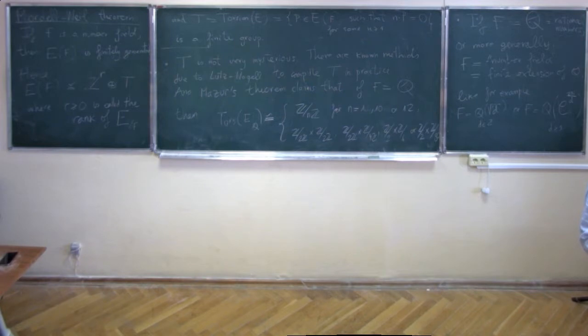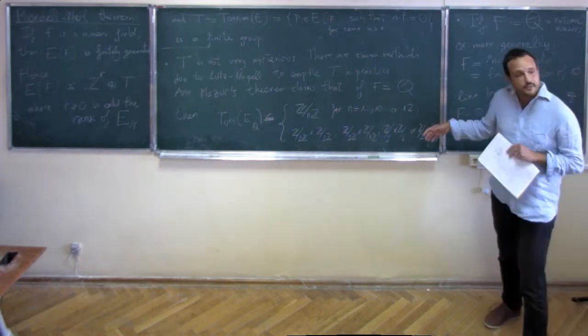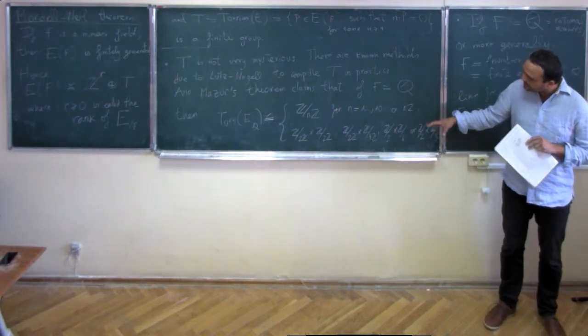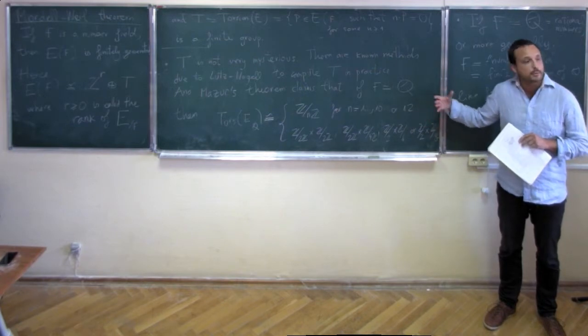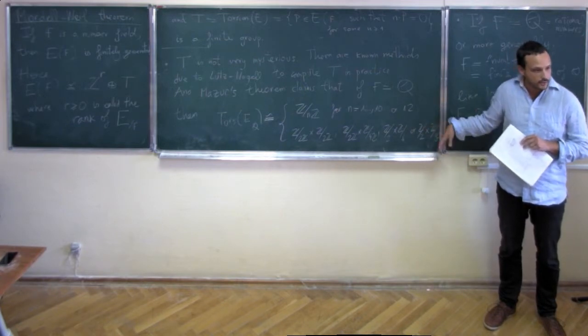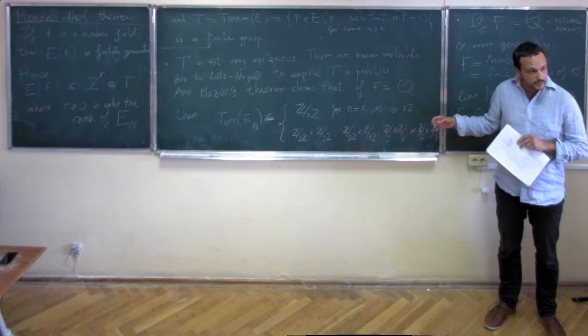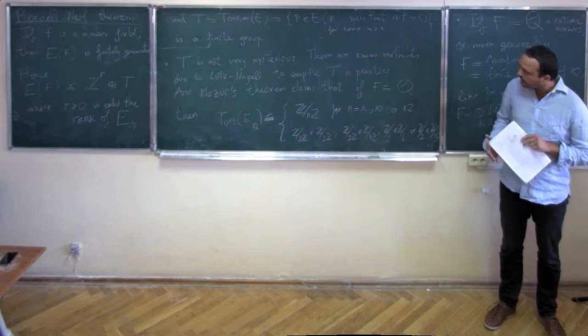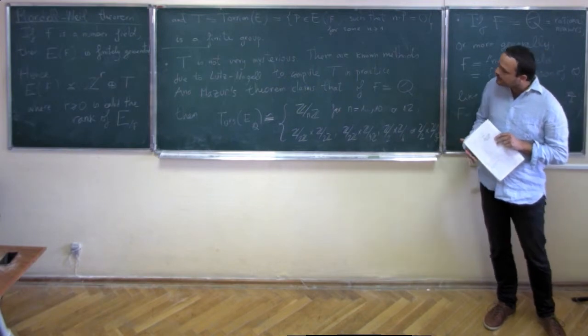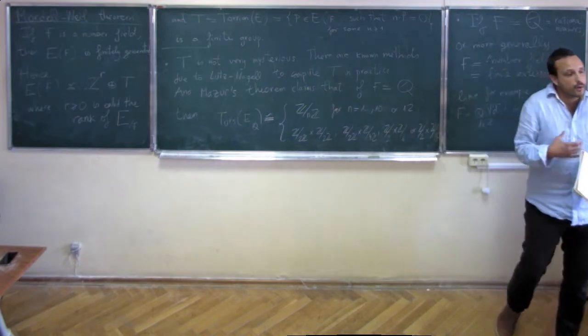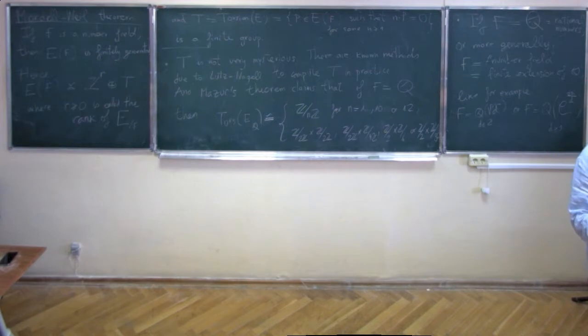And does this 12 have some meaning for you? Yes, if you look at the proof of Mazur's theorem, this has to do with what people call the modular interpretation in terms of modular curves. I will explain later what a modular curve is, but this is very related to the question of whether some modular curves have rational points or not.